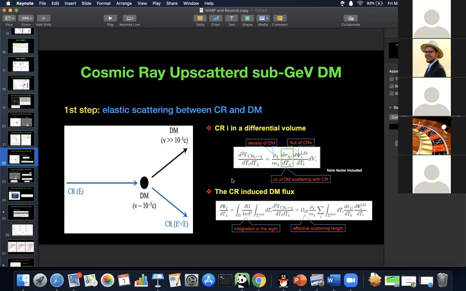With this, we can have the flux of the CRDM. It is a very important step.